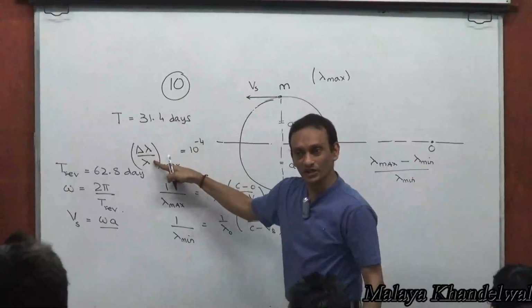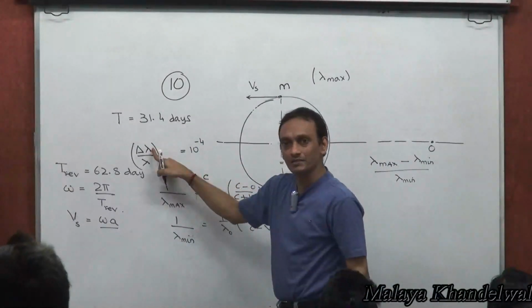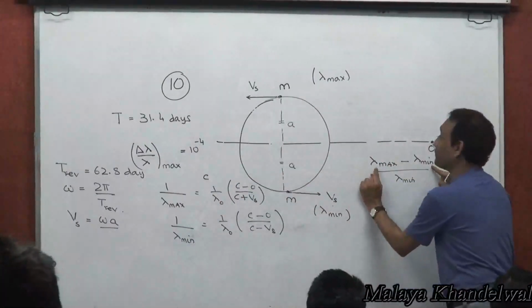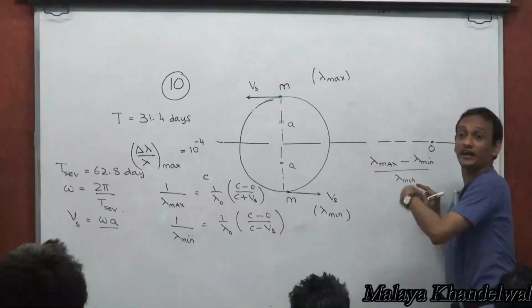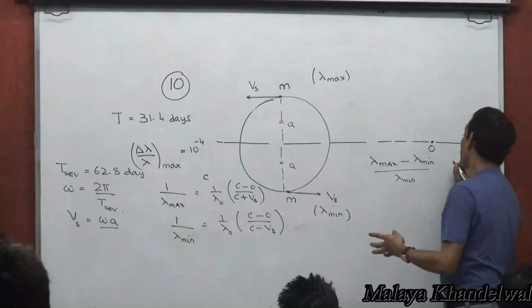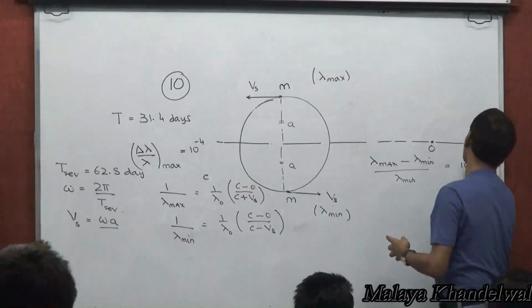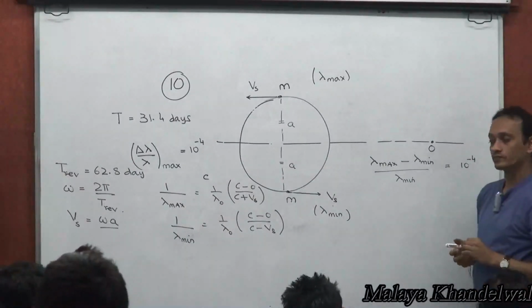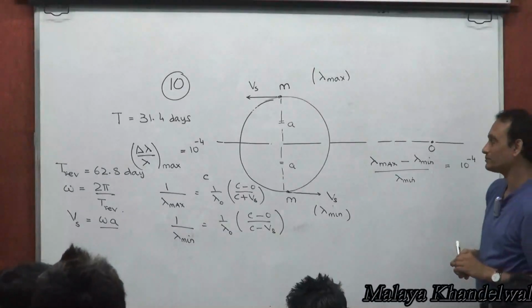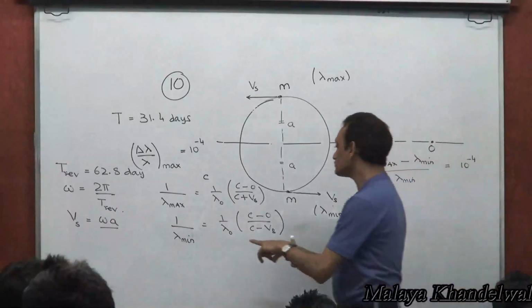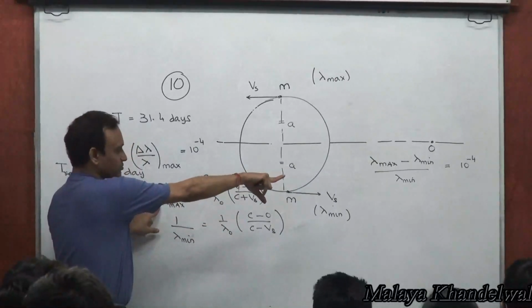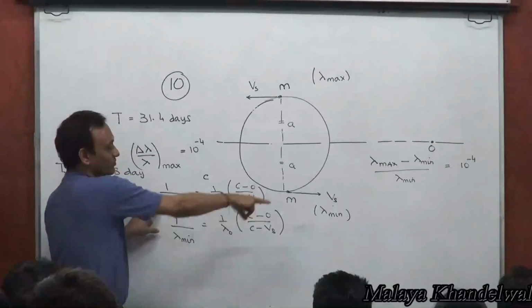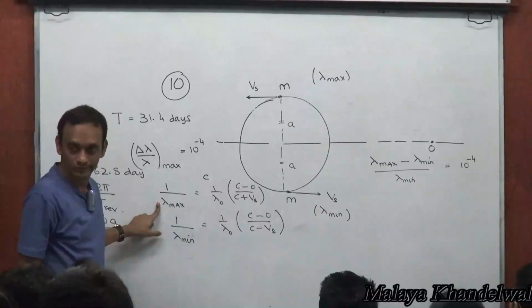We want maximum ratio of this, so the numerator must be maximum, delta lambda is maximum for lambda max minus lambda min, and the denominator must be minimum, so that the ratio is the largest. And this is given to be 10 to the power minus 4, right? You can use this lambda max minus lambda min and plug into that equation, right?